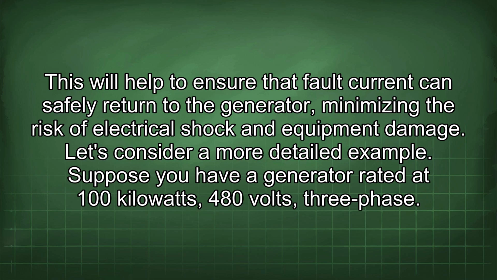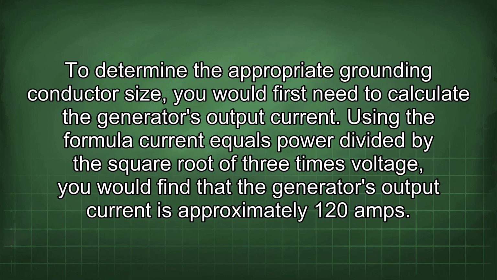Let's consider a more detailed example. Suppose you have a generator rated at 100 kilowatts, 480 volts, 3-phase. To determine the appropriate grounding conductor size, you would first need to calculate the generator's output current. Using the formula current equals power divided by the square root of 3 times voltage, you would find that the generator's output current is approximately 120 amps.